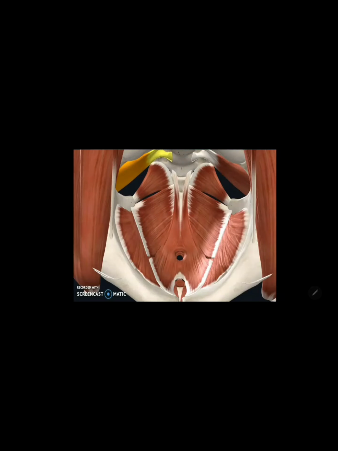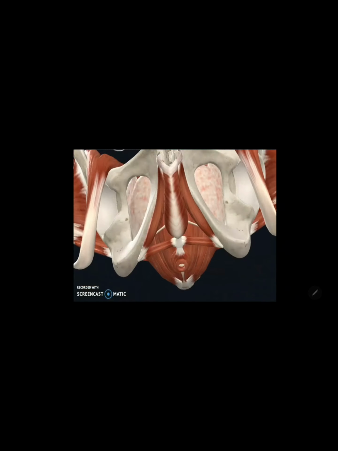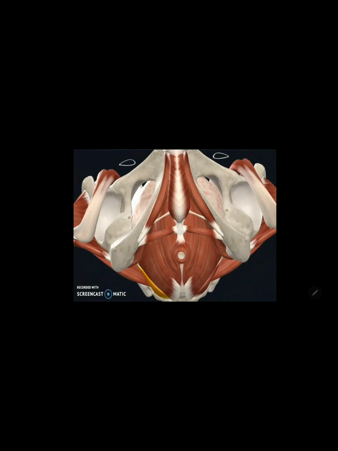And when you see the levator ani, this is the pubococcygeus part coming from the posterior surface of the pubis and tendinous arch, then the iliococcygeus, taking origin from the tendinous arch, and the coccygeus part of the pelvic diaphragm. The pubococcygeus and iliococcygeus together with coccygeus form the pelvic diaphragm.